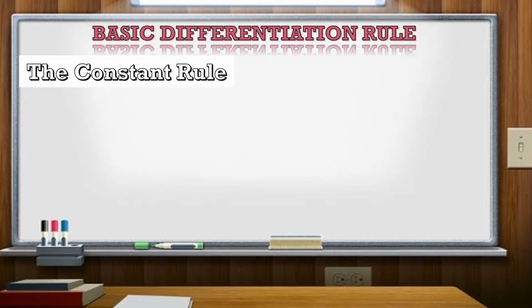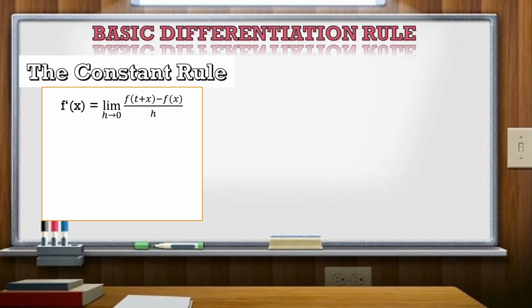So, ano nga ba yung mga basic differentiation rule? We have here pinaka-basic talaga, the constant rule. So, gamit yung slope of a line. Okay, slope of the tangent line to a line. Ito yun, di ba? So, we have f of x, f prime of x. So, ibig sabihin ng prime nito, this is the derivative of your function.